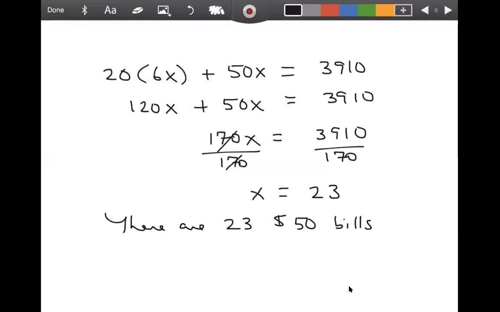And 6 times that many $20 bills, right? 6 times 23 is 138. This one's very easy to check. Just do 23 times 50.